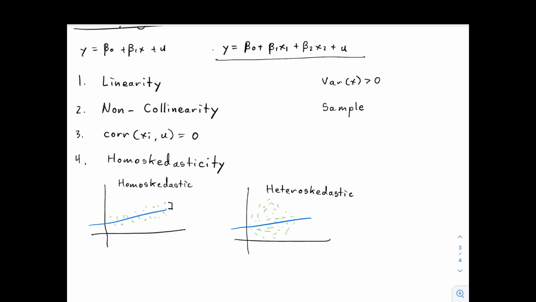The last two assumptions, I didn't number them because depending on the source that you use, these assumptions may be stated and they may not be. The first one is that the variance of x is greater than 0, meaning that you have multiple data points and they're not all in the same exact x value, right?